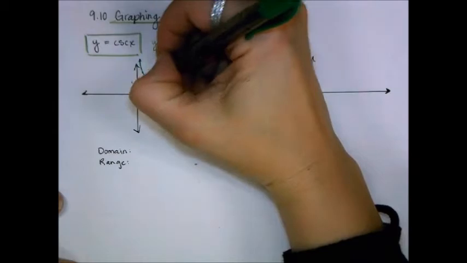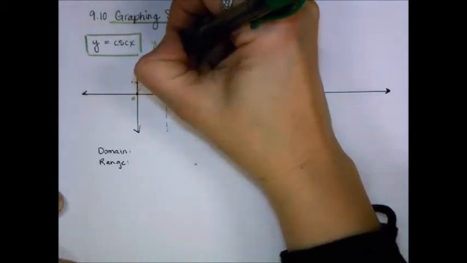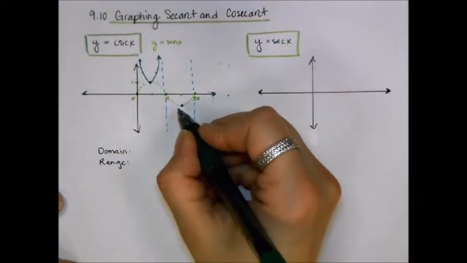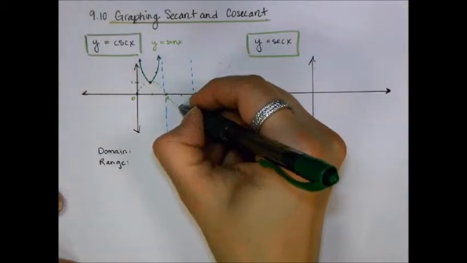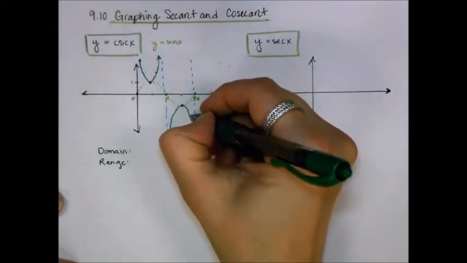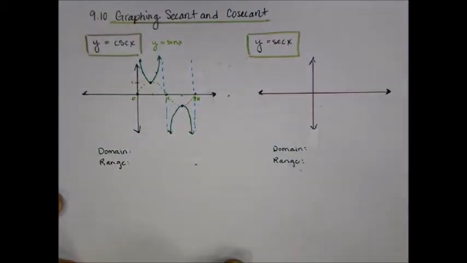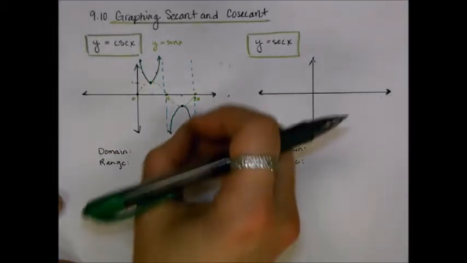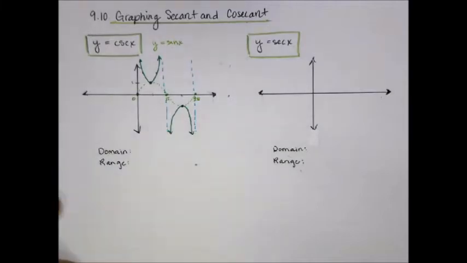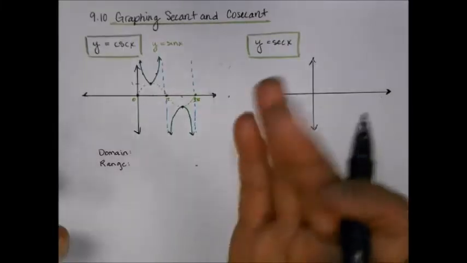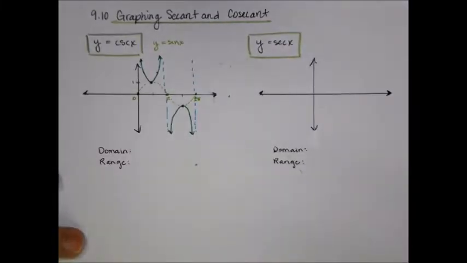So we end up with this curve here. We do the same down here, and we have the graph of cosecant. If we were to extend the sine graph in both directions, we would end up with more pieces of the cosecant graph.